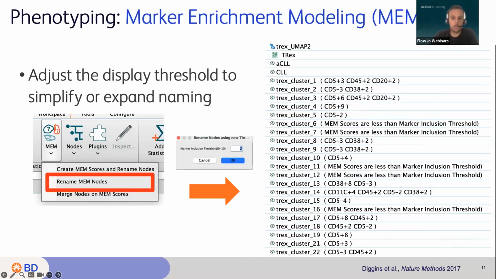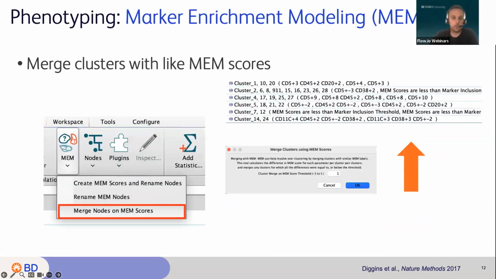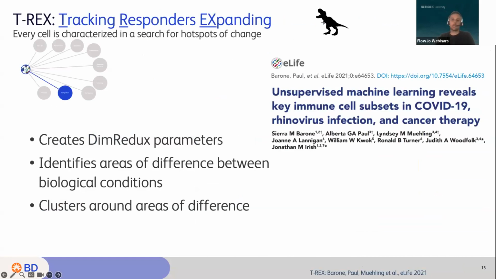All right, back to T-Rex. So T-Rex, as I say, creates a cluster, but only on the population that changes between the different conditions. Right now, T-Rex is limited to only 2 conditions, so stimulated, not stimulated, or 2 time points, or 2 whatever condition.